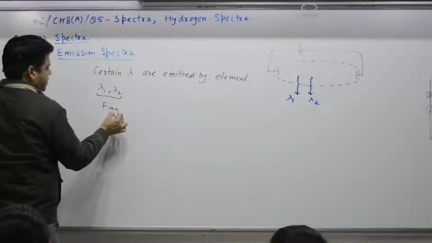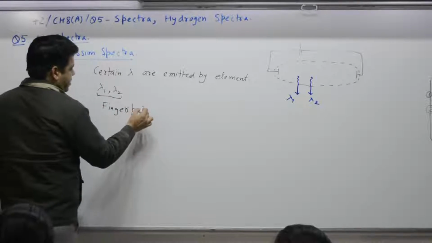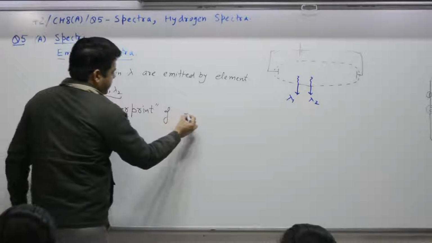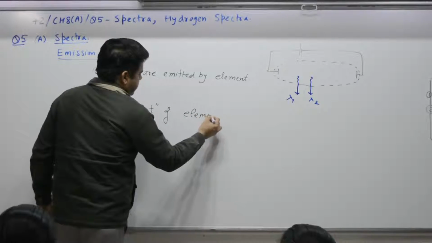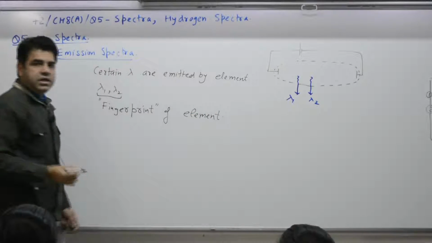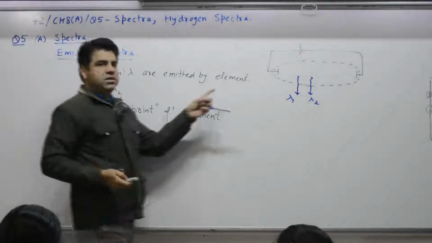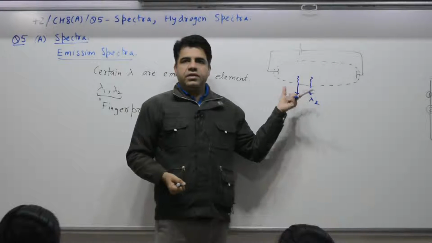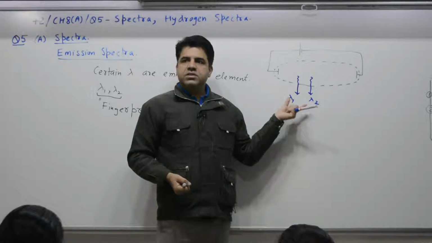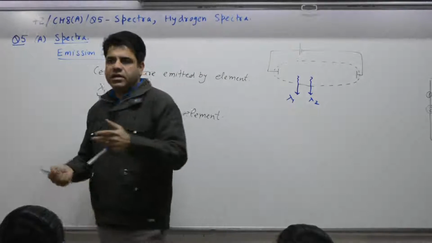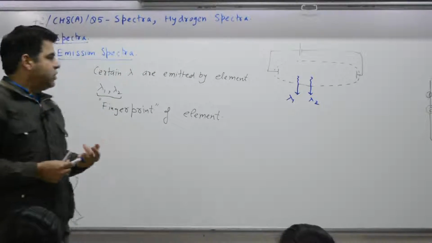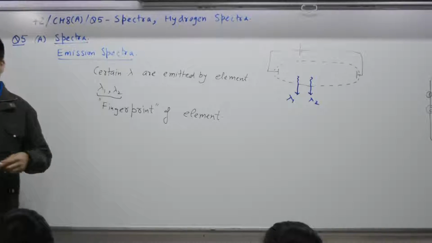Fingerprint of an element. It is different. Every element will have a different spectra. It is a property. Sodium emits 5896, 5898, approximately in this range. Color is yellow. Time with you is 2 minutes to write emission spectra.